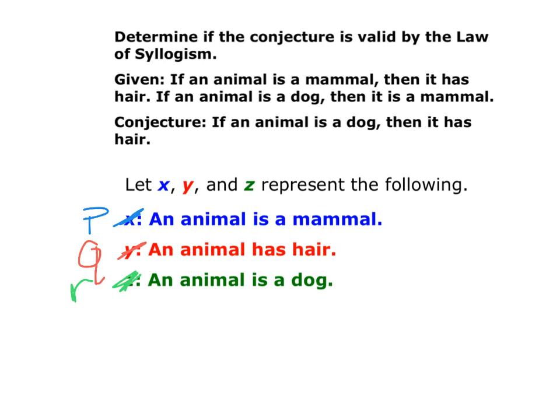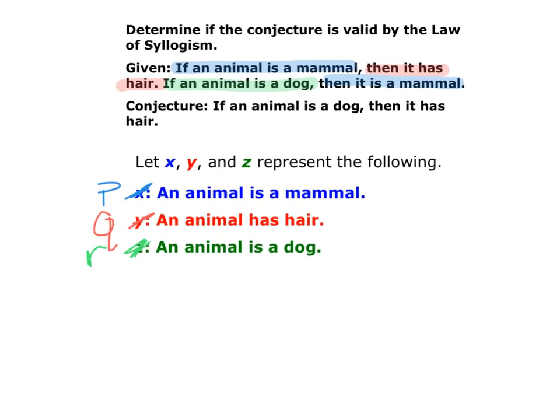P. Then it has hair, Q. If an animal is a dog, what's that one? R. We haven't seen that one before. Then it is a mammal. We've seen that one though. Is that our P, Q, or R? P. If an animal is a dog, R, then it has hair, Q.